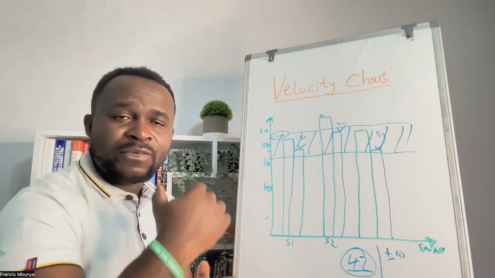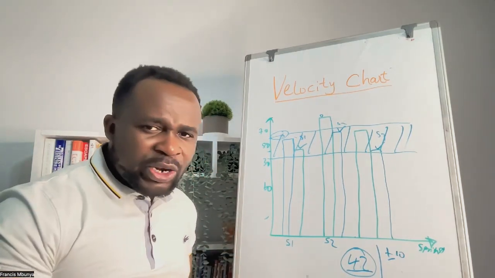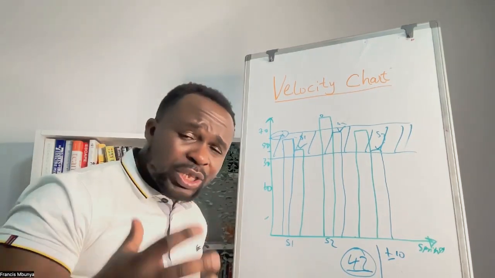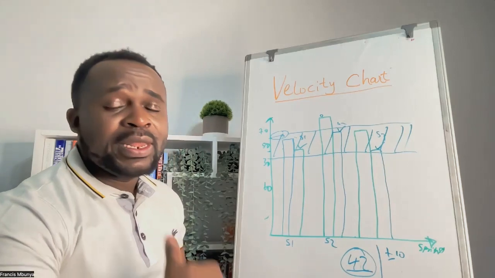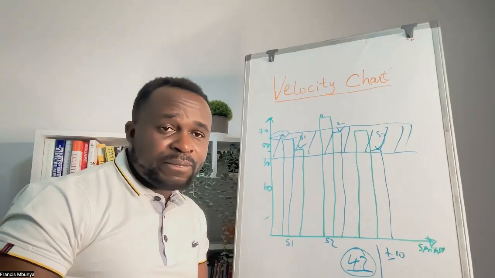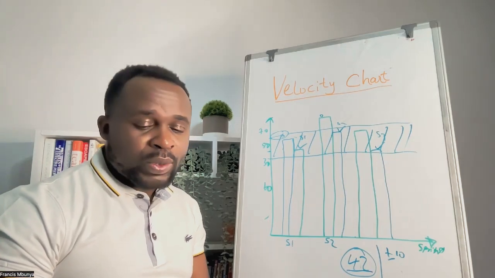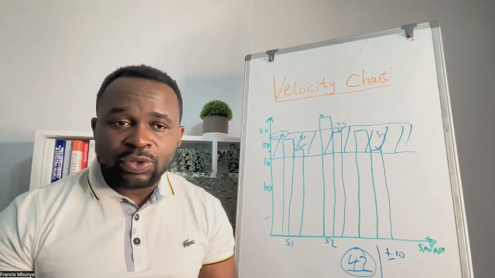If they're committing above 52, it's already a red flag. Not that they cannot complete it. They can complete it, but they should be very conscious about what is happening. If they're committing 10 points below, it means there's some fear of failure. So that is how you can use the velocity chart to effectively guide your team.